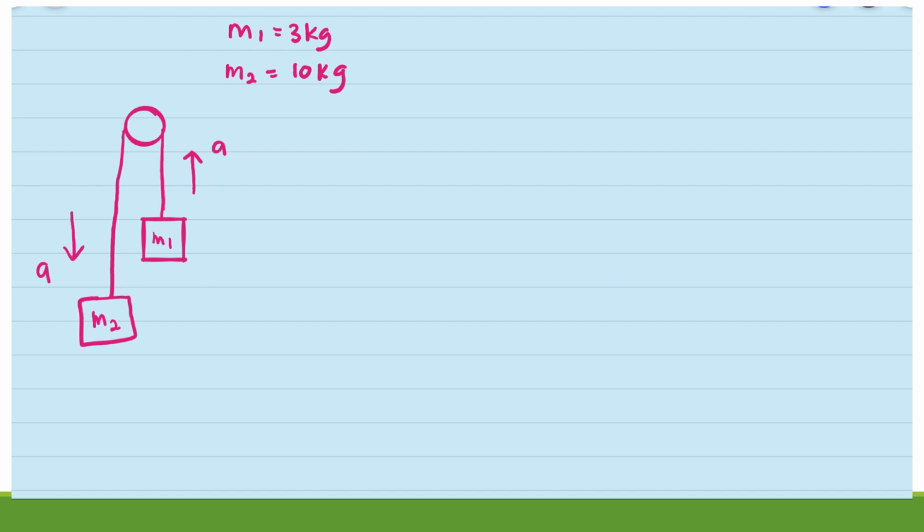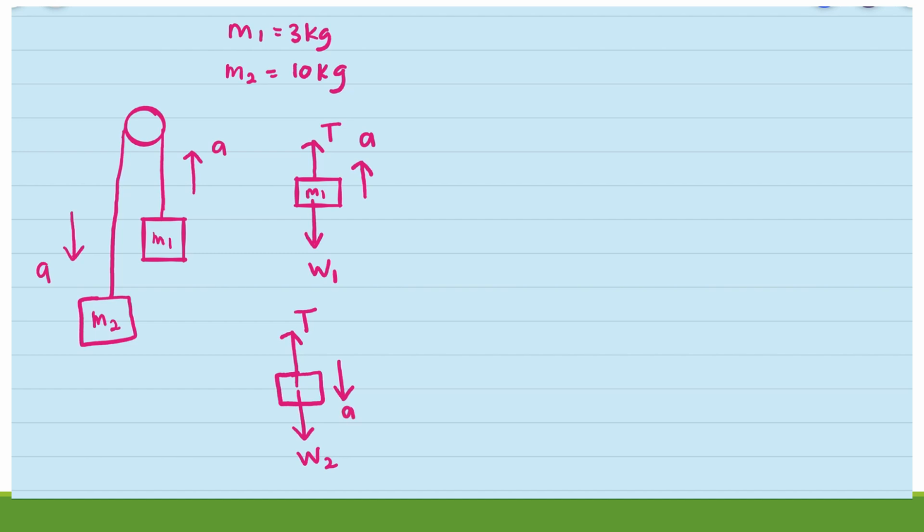And what is the force acting on block 1? The forces acting on block 1 are tension and weight. So I label W1, and the acceleration is upward. And what are the forces acting on block 2? W2 and tension also, but the acceleration is downward. For this case, M1 and M2 move in the Y component.